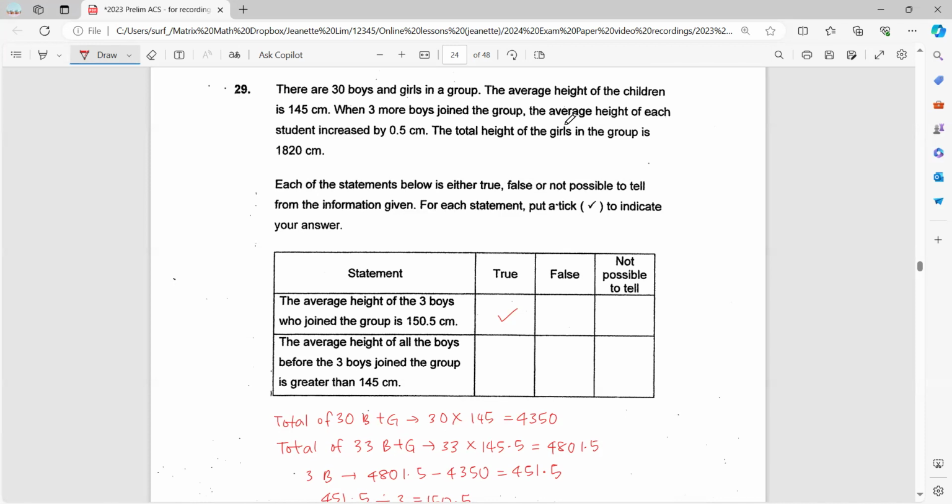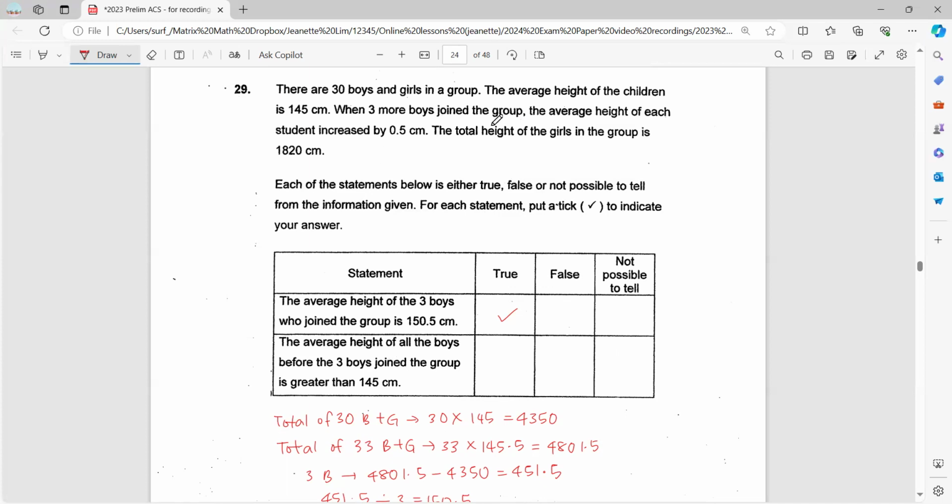We don't know how much the girls are contributing to the average because we don't know how many girls there are. If there are a lot of girls, then they contribute less, and the average of boys will be higher. But if the number of girls is very few, then the average of the girls is very high, and the average of the boys will be less than 145.